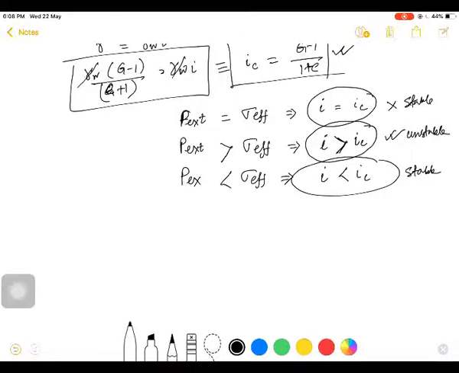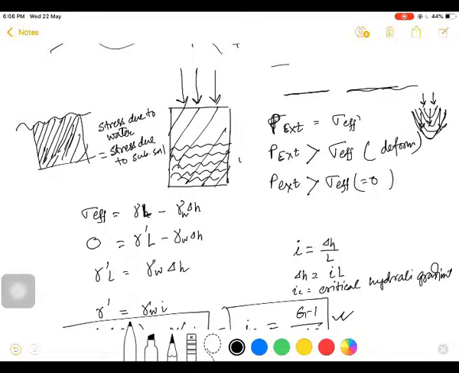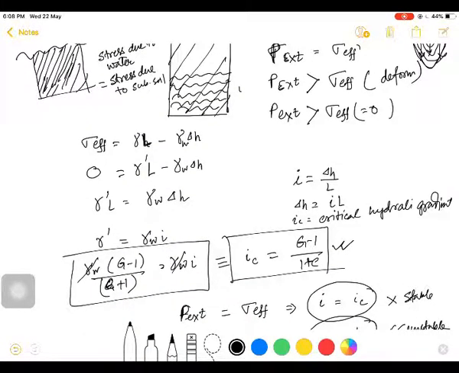So we are the civil engineers, what do we have to do? When we construct a hydraulic structure near water or a water body, we need to check the critical gradient using (G minus 1) over (1 plus e). And critical gradient always depends on what? Specific gravity and void ratio.